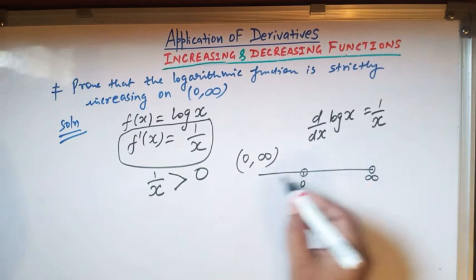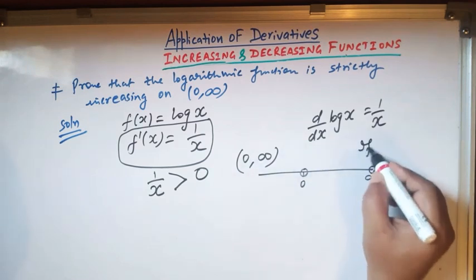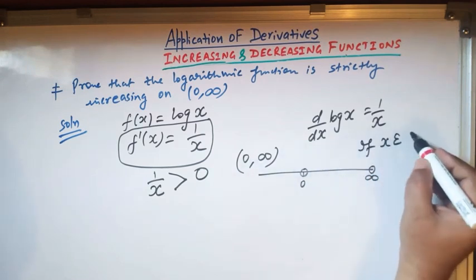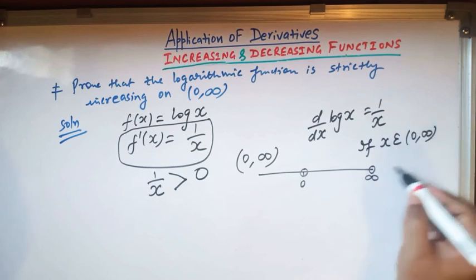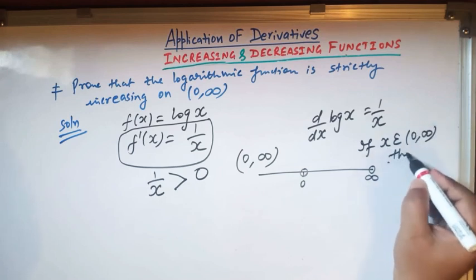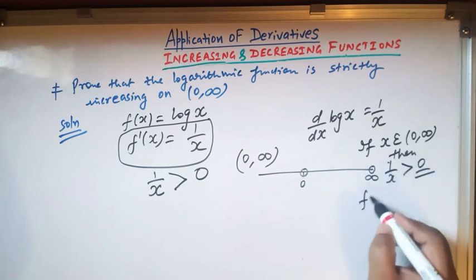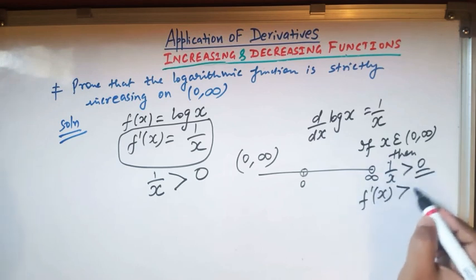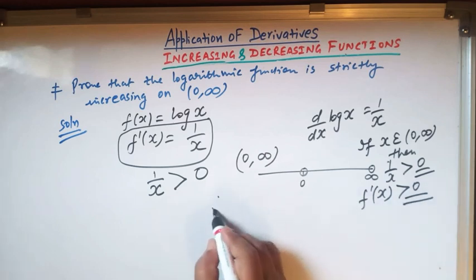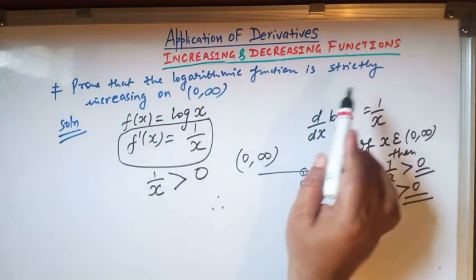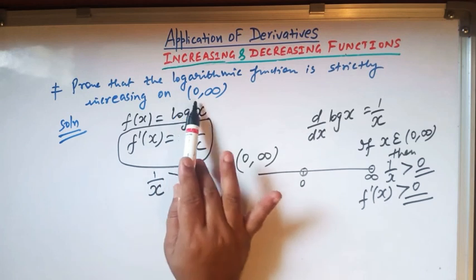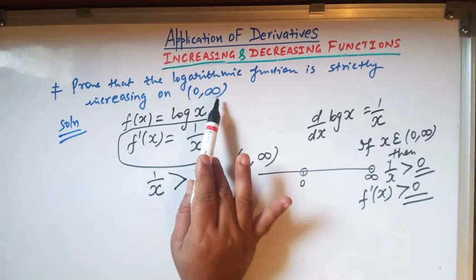If x belongs to 0 to infinity, then 1 over x is always greater than 0, which implies that f prime of x is greater than 0. So therefore this logarithmic function is strictly increasing on 0 to infinity.